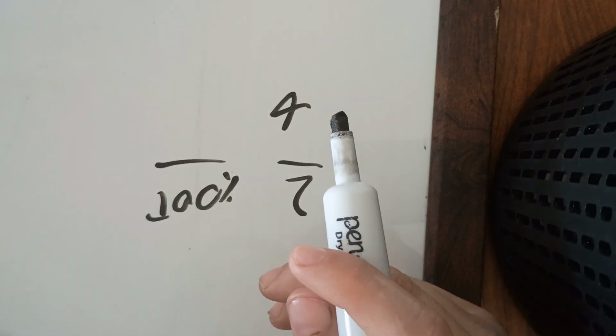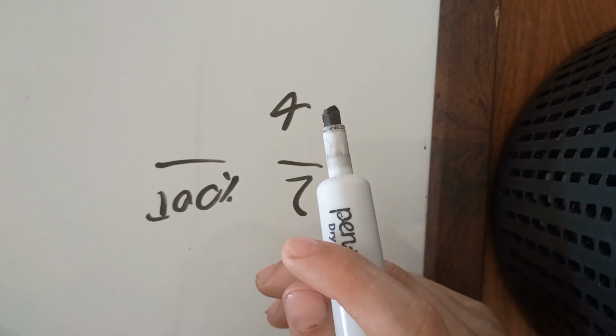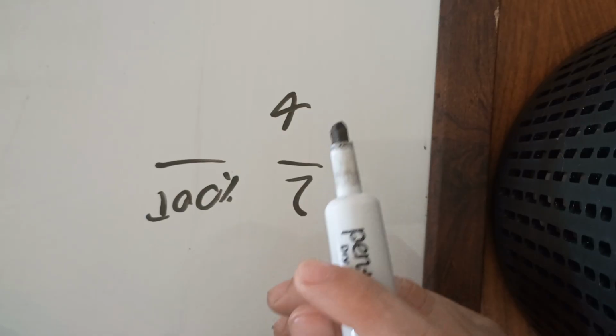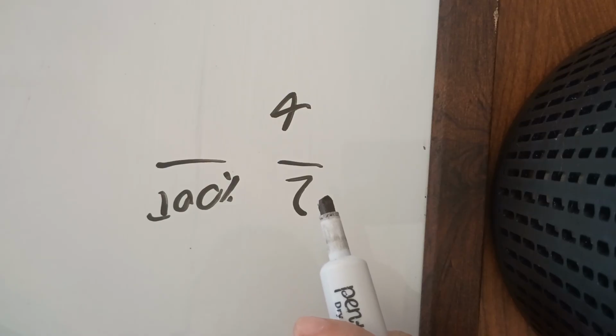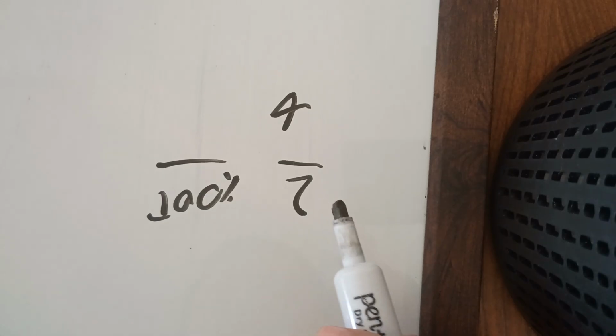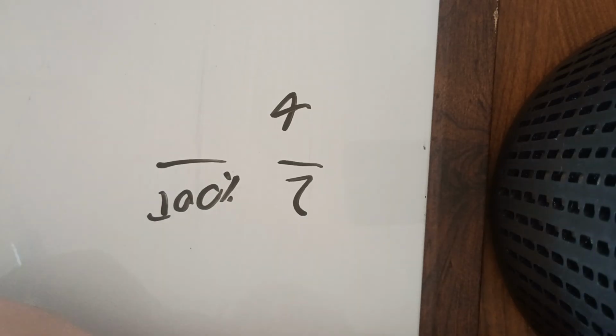To do that, you would take 7 divided by 4, and that equals 1.75 times 100.